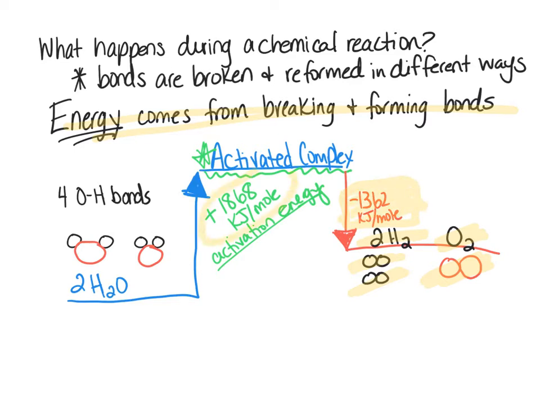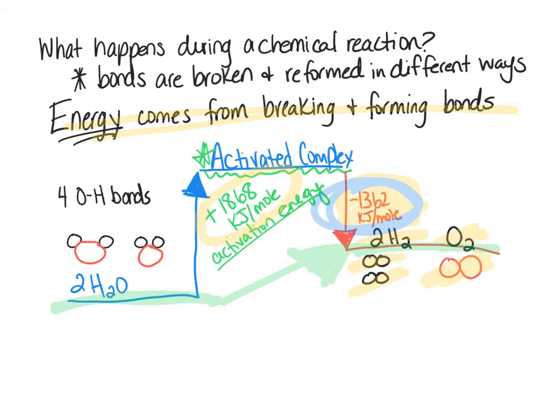So we needed energy to go in to break the bonds apart, and then energy was released when those bonds were reformed. And we can figure out what the total energy of the reaction is by looking at the energy you started with versus the energy at the end.